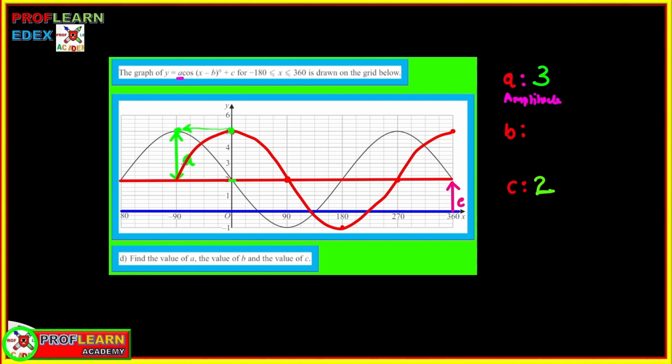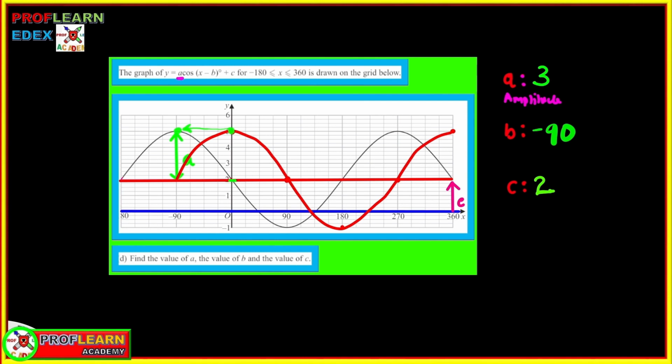So if it has moved negative 90 steps, it means that for us to have x there, it should be x plus 90, to indicate that it has moved 90 steps to the left. So we have to take this value as negative 90 there, so that it's x minus negative 90, which becomes x plus 90. So b is negative 90.